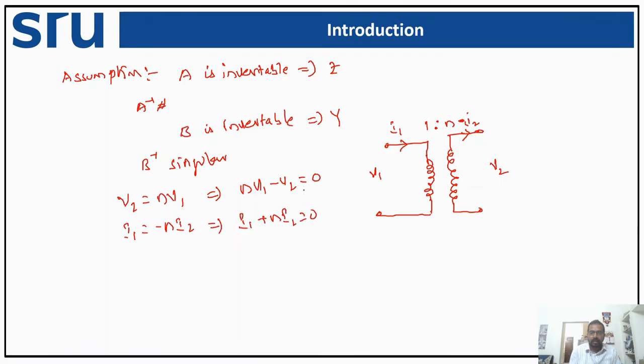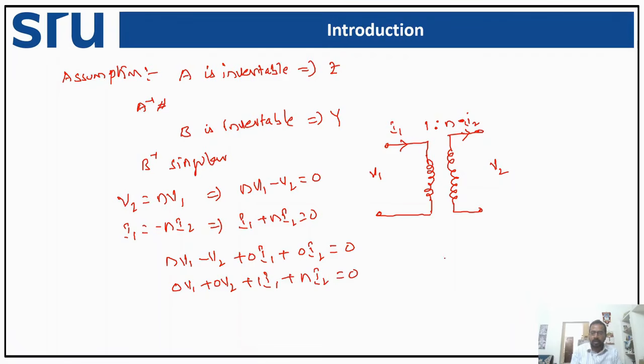So let us rewrite these two equations. The first equation can be written as n V1 minus V2 plus 0 into I1 plus 0 into I2 is equal to 0, and here we have 0 into V1 plus 0 into V2 plus 1 into I1 plus n into I2 equal to 0.